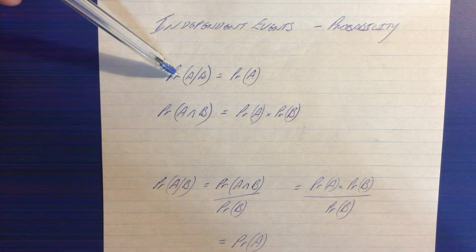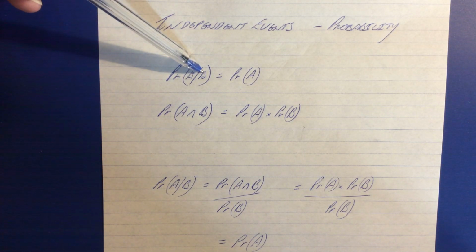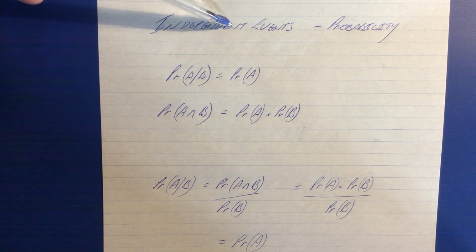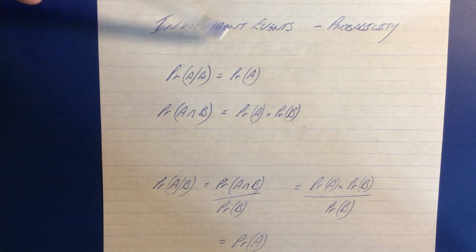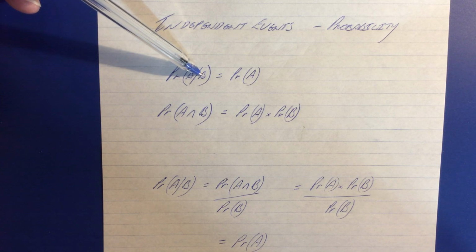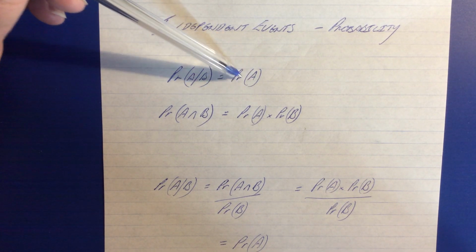So the probability that event A happens given that event B happens is simply the probability of A if the event is independent. So the throwing of a coin and the getting of a tail does not depend upon a previous throw where you got a head. That's really what we're talking about here.